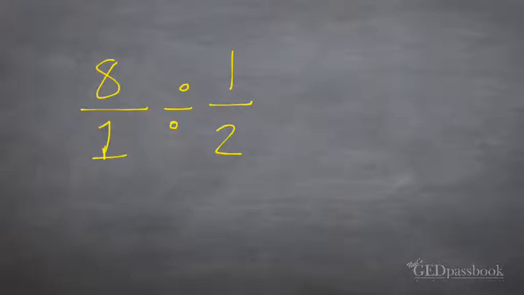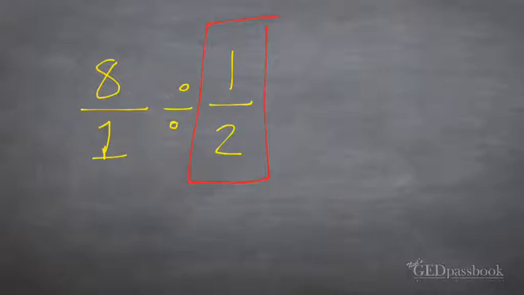Get your second fraction. And again, if it's a mixed number, convert it to improper, right? But your second fraction, all you want to do is flip it. Flip it.